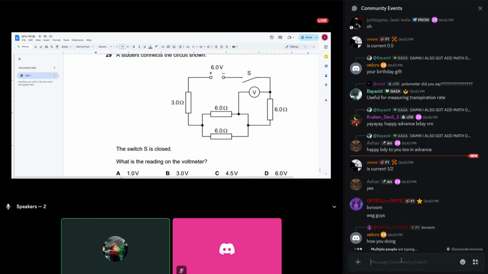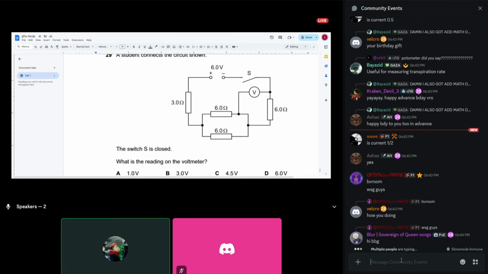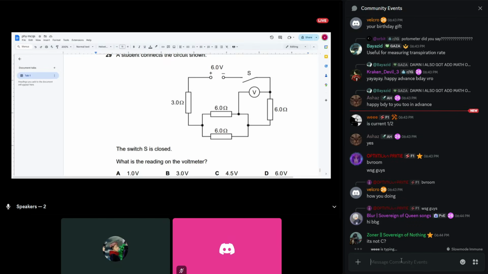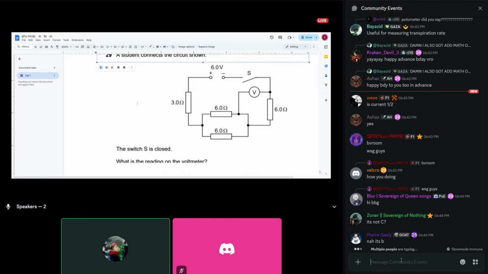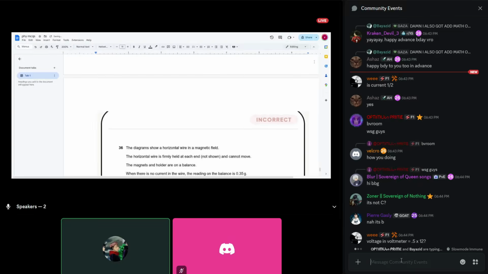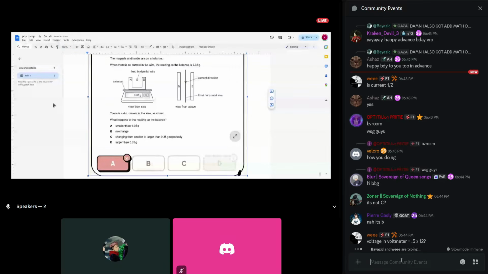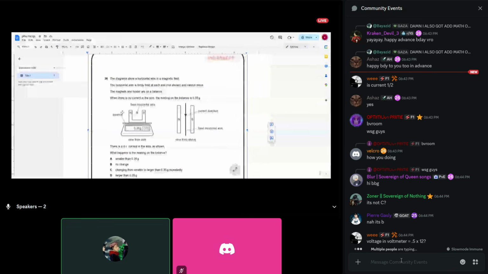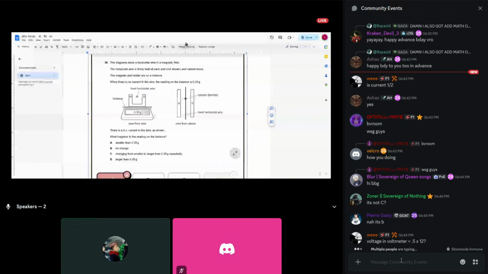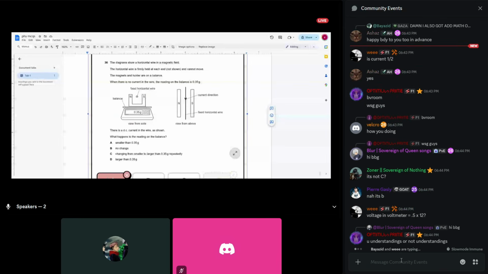Well, let me go on to the next question. This one. Diagram shows a horizontal wire in a magnetic field.